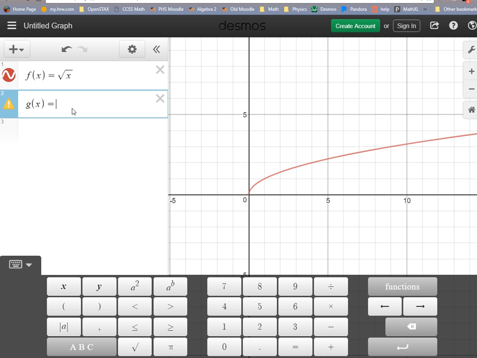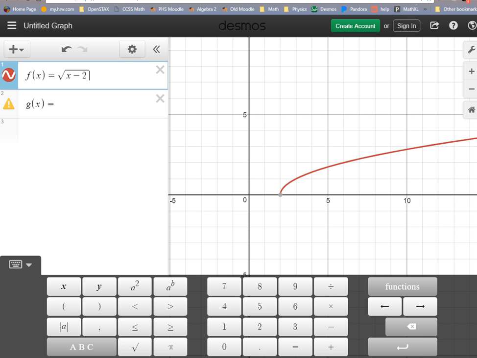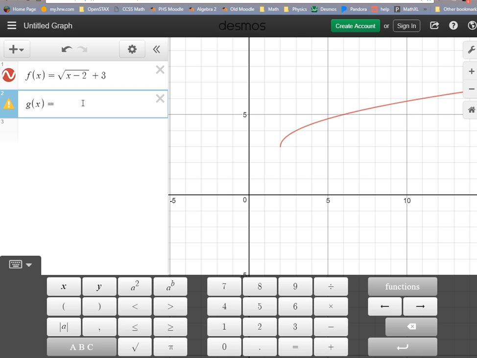Okay, now I'll turn this one off here. So what if I want to, actually let's make that a little different. Let's make it square root of x minus 2 plus 3.